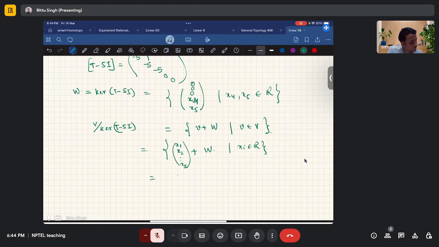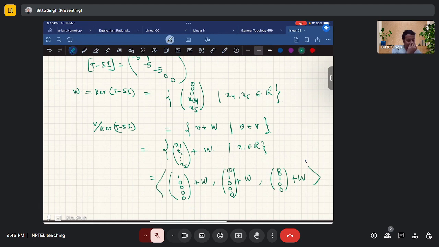One representative will be like this, 1 0 0 0 0 plus W. Similarly there will be another 0 1 0 0 0 plus W, and another vector 0 0 1 0 0 plus W.